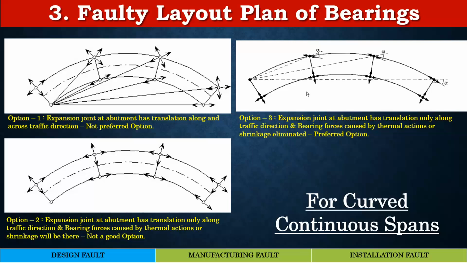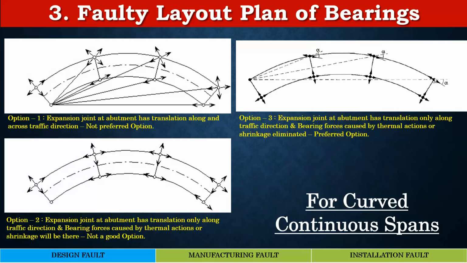The third option is the best option in this case, where you align the bearings at the other end. First, you decide about the alignment of the guided bearing at the expansion joint end, by aligning it longitudinally or tangentially.